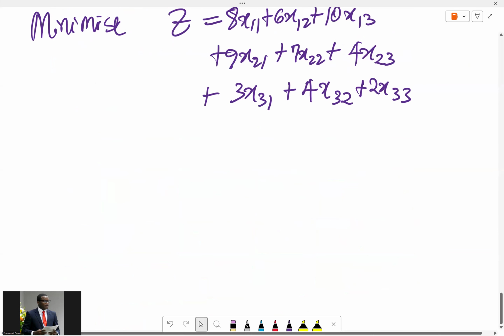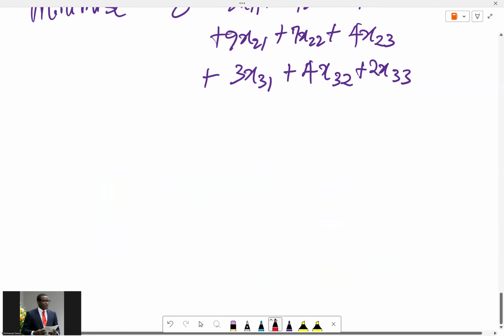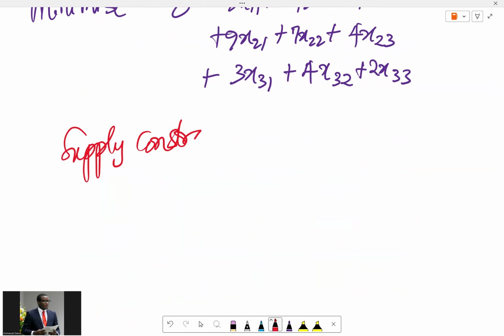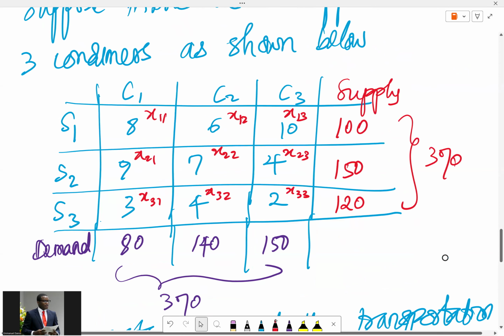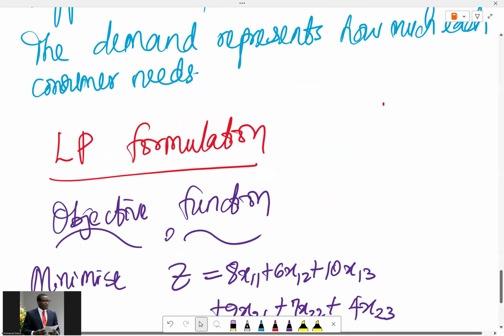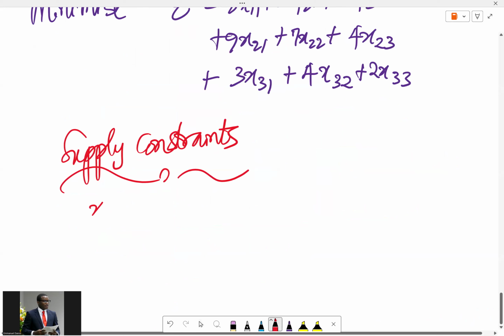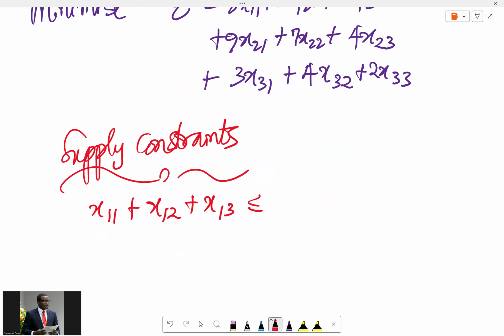So the next thing is we can talk about the supply constraints. For the supply constraints now, we can look across the rows to see the supply constraint. So supplier one can supply a maximum of 100. So it means that if we add up the supply to consumer one, consumer two, and consumer three, everything should be less than or equal to 100. So that is the first supplier constraint. That is x11 plus x12 plus x13 is less than or equal to 100.